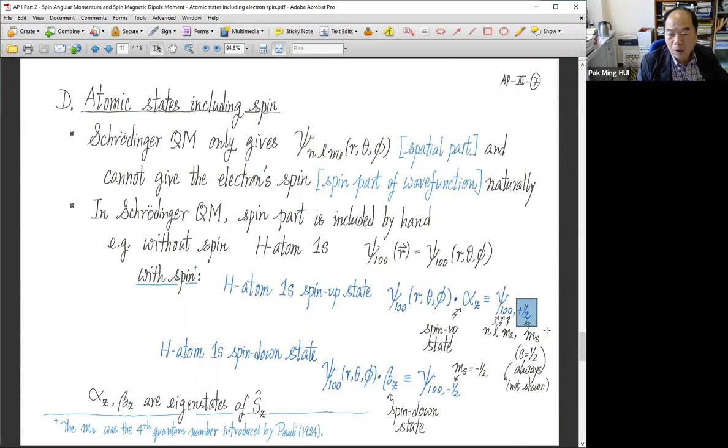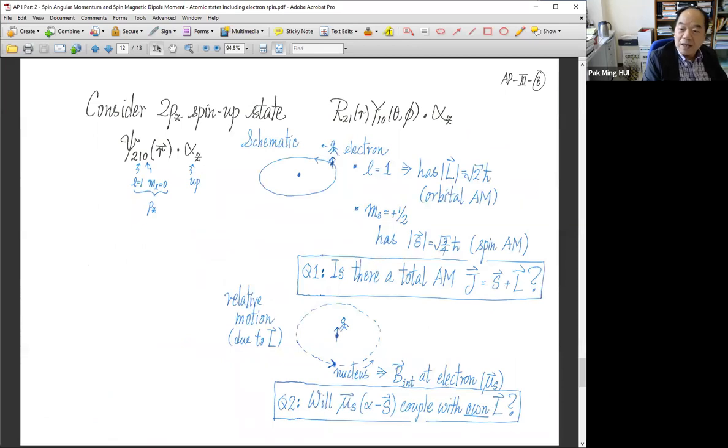Therefore, a fourth quantum number referring to MS. 1s down, so it is this. Okay. Now we are at the time to motivate what comes next, what comes further. All right.